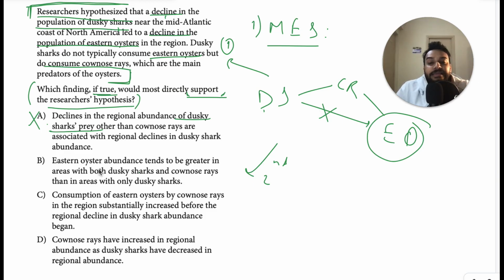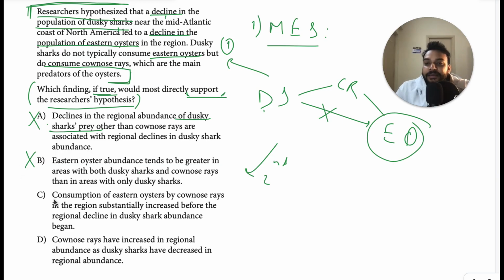They'll keep eating the cow-nose rays, and hence the oyster abundance would tend to be balanced. If in some areas there are only the sharks, they won't eat the oysters, so the oyster population will be even greater. Option B is again wrong, because with only sharks there would be no prey in the form of eastern oysters.